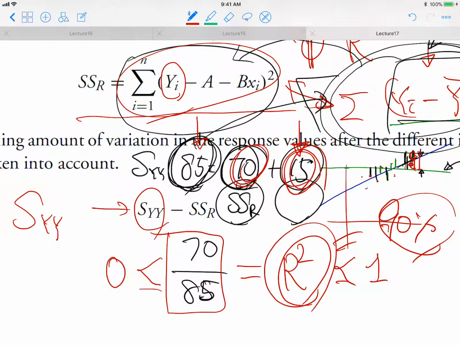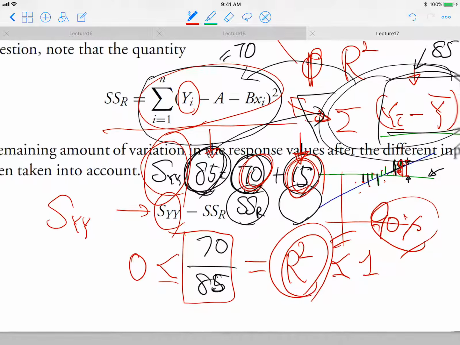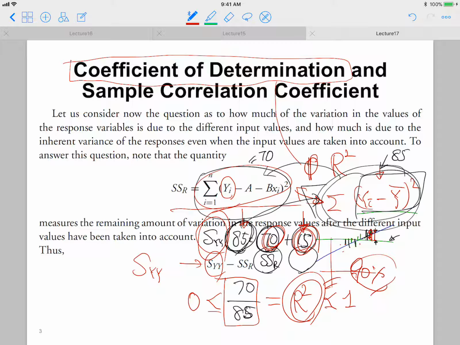So when saying that, what is the total amount that we have to explain? That is this SYY. So this is a high-level story when discussing this coefficient of determination, or R squared.